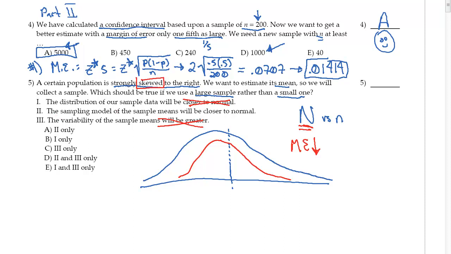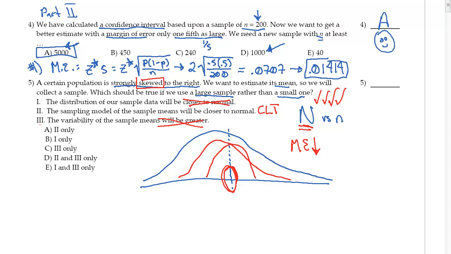The sampling model of the sample means will be closer to normal. As I take more and more samples of size n, the central limit theorem says I'm going to get closer and closer to this mean value with a sampling distribution that is about normal.